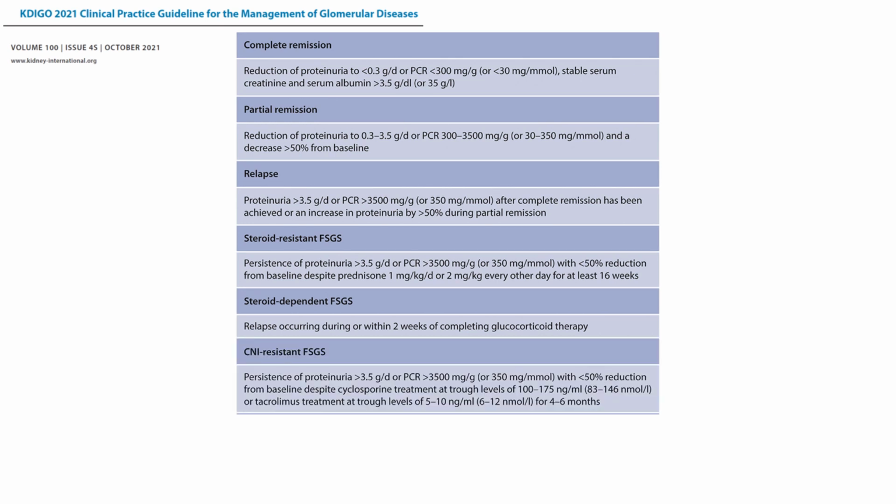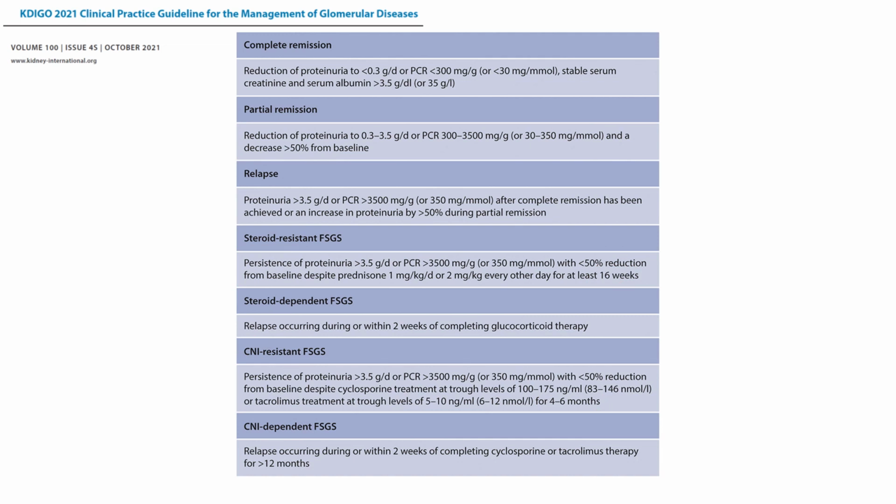Calcineurin resistant FSGS, we will consider that FSGS is resistant to calcineurin if there is no response to calcineurin for at least 4 to 6 months. So we consider the patient is steroid resistant if you tried steroids for 16 weeks and there is no response. And regarding calcineurin, we consider the patient is resistant after 4 to 6 months. And finally, CNI dependent, if there is a relapse that occurs 2 weeks after completing the CNI therapy for more than 12 months. So you have to continue the CNI treatment for more than 12 months.